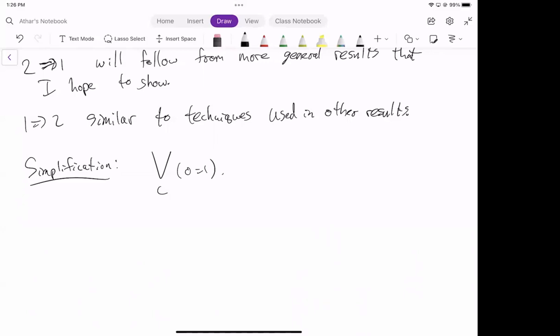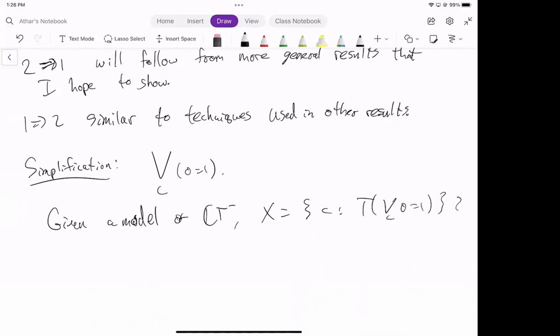Given a model of CT minus, what is the set of those C for which this is true, or for which it's false? Either one, however you want to think about it.